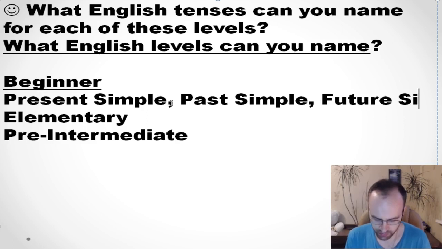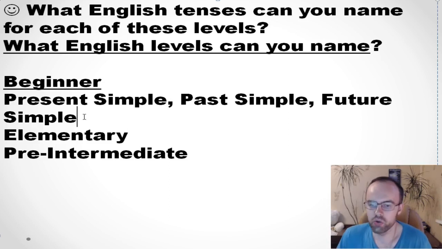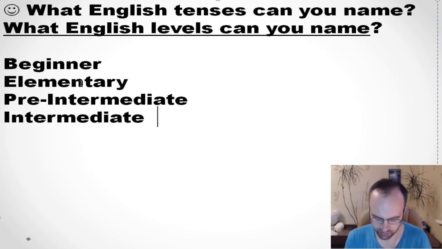So if you know these tenses, you can speak about the present, about the past, and about the future. Really, it's what you need.